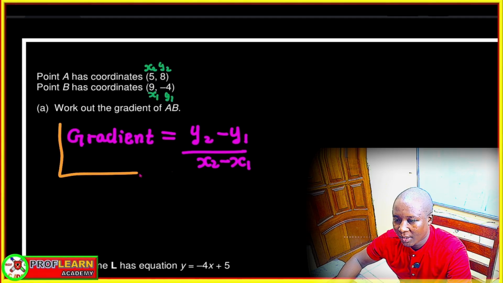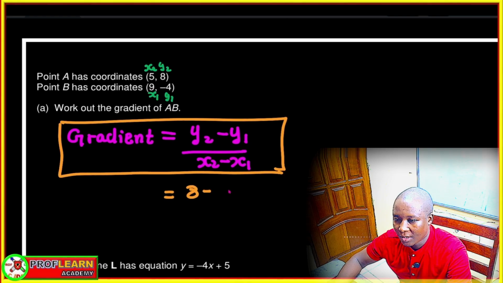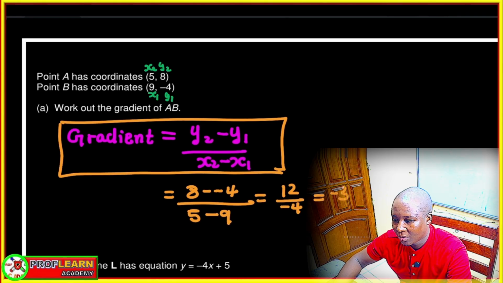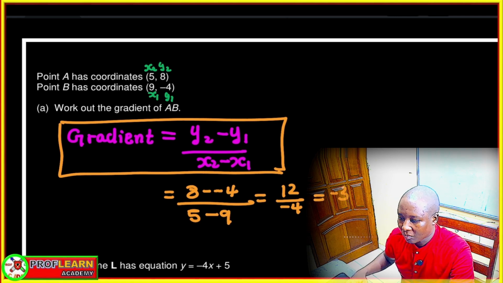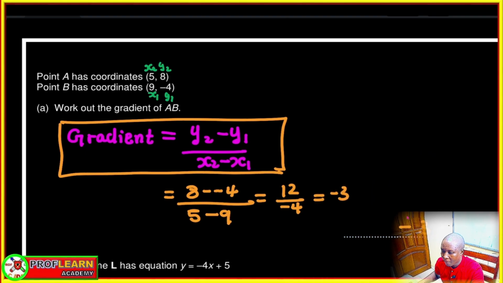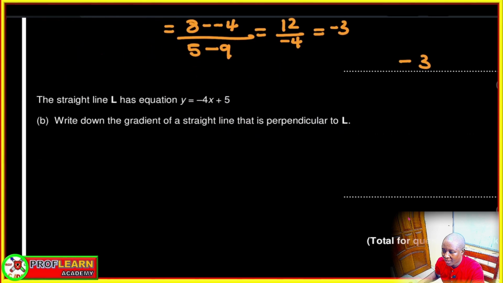Then this is going to be 8, because y2 is 8, so 8 minus 4, over 5 minus 9. If you work it out, you're going to get minus 3 as our gradient.